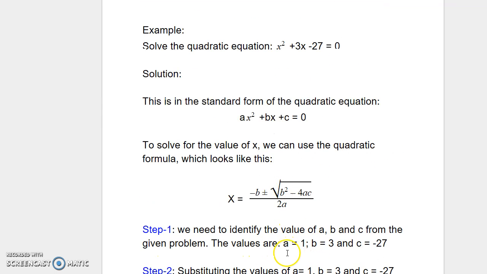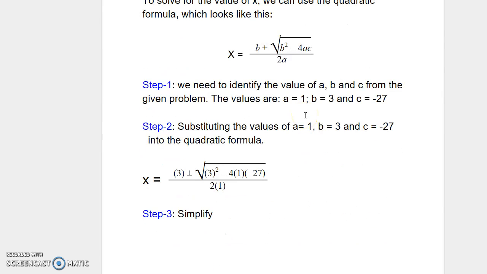Step number 1. The value of a is 1, the coefficient of x squared is 1, the value of b is 3, and the value of c is negative 27. We have identified the values of a, b, and c. Now we're going to substitute these values into the formula, that is in our step 2. So the formula is negative b.